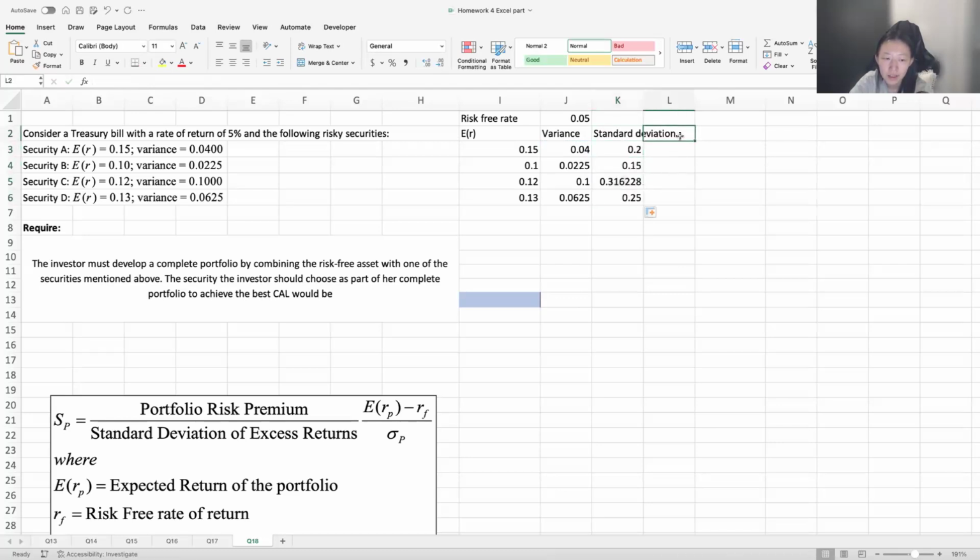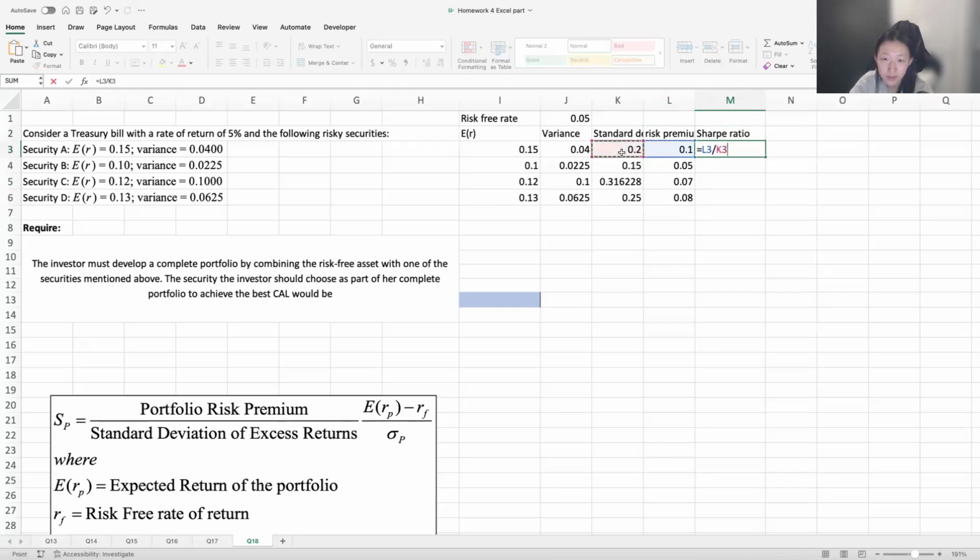And the risk premium is return minus the risk-free rate. I'm going to fix this risk-free rate by adding the $ sign, enter. Good. Then the Sharpe ratio equals the risk premium divided by the standard deviation.